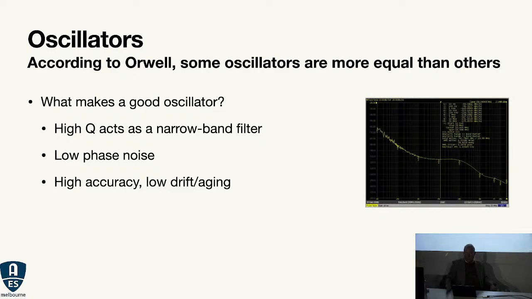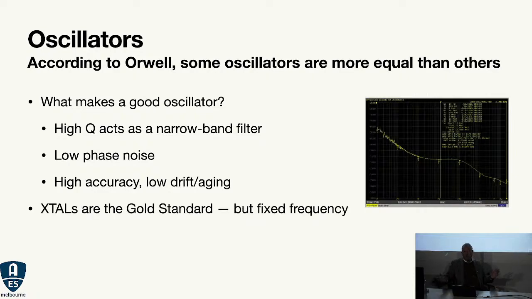So you want your oscillator also to be high accuracy, not have a lot of drift, not drift with age. So crystals are the gold standard. If you have a crystal oscillator, it's going to meet these criteria very well.